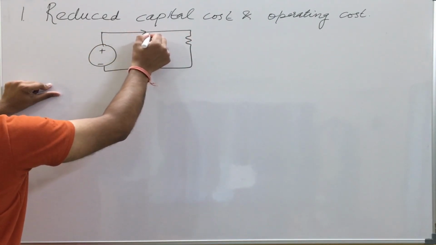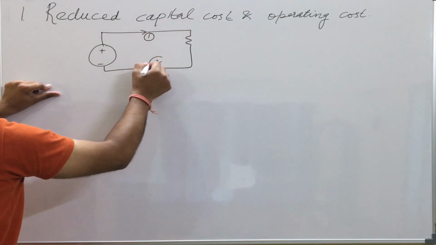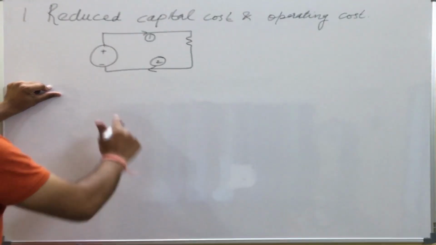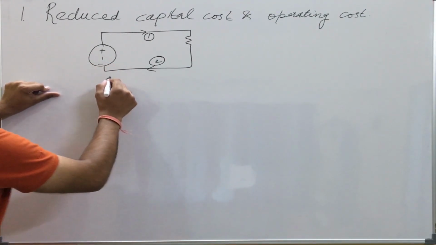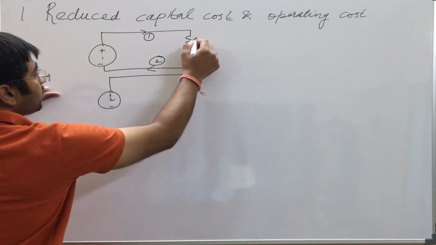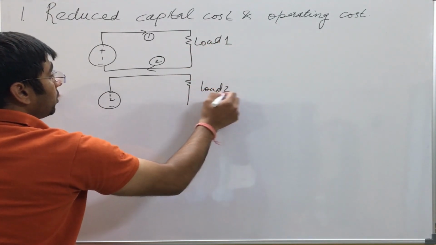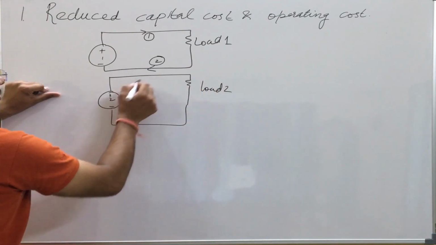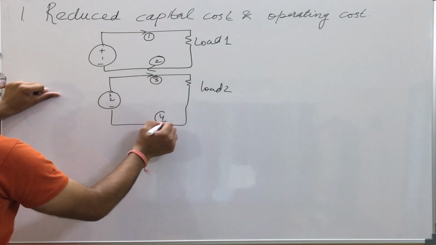This will use one wire for carrying the current, and the second wire for returning the current. Similarly, the second source will give the second load. Let us say it is load 1 and load 2. It will give load 2 power through wire number 3, and the current will return through wire number 4.